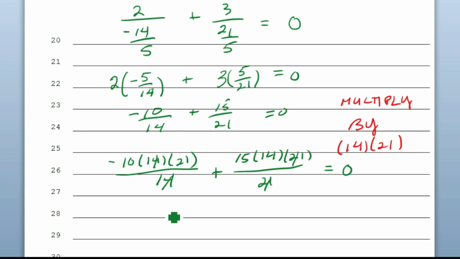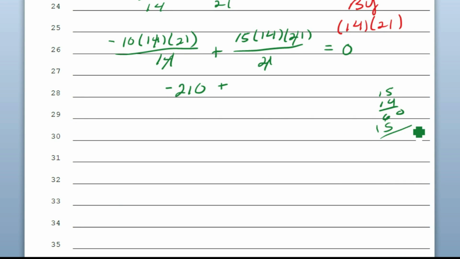We got minus 10 times 21, minus 210, plus 15 times 14, and that would be plus 210 equals 0. 0 does equal 0.